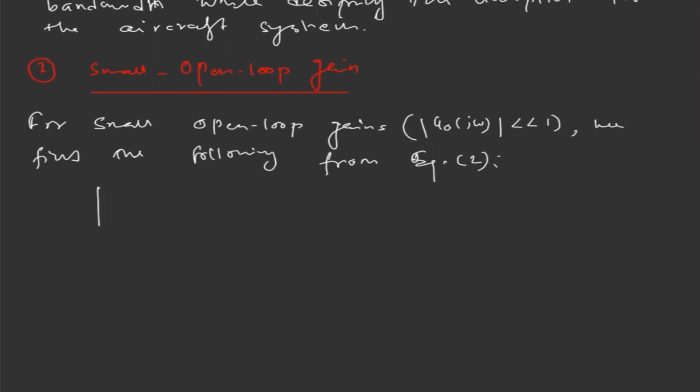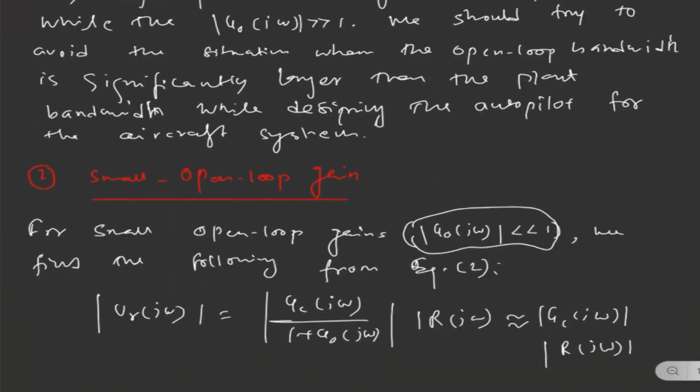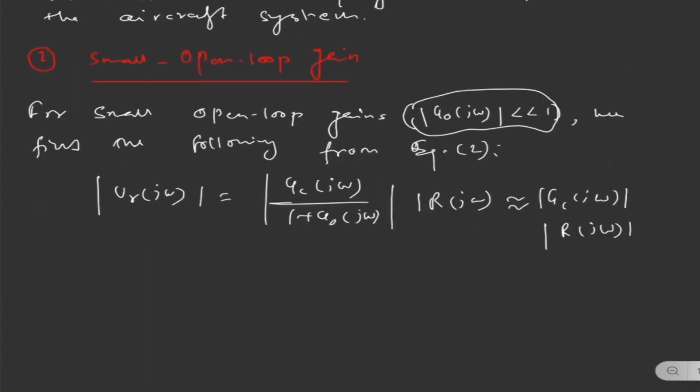We can write U_r(jω) equals GC(jω) over 1 plus G0(jω), R(jω). Since this part is very, very small, we can ignore it. We can write GC(jω) R(jω) for the small gain of the open loop transfer function. Let me denote this equation number 6.